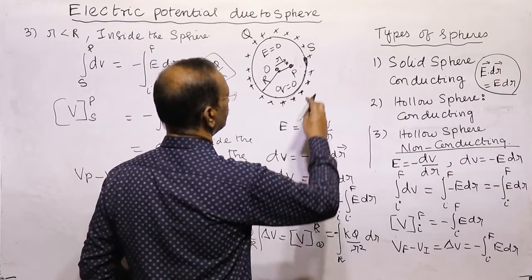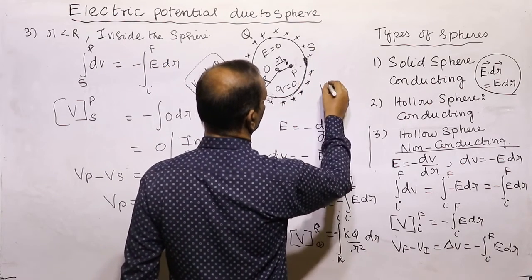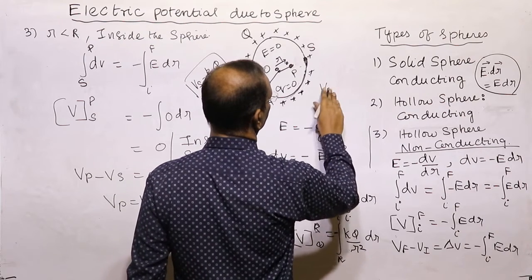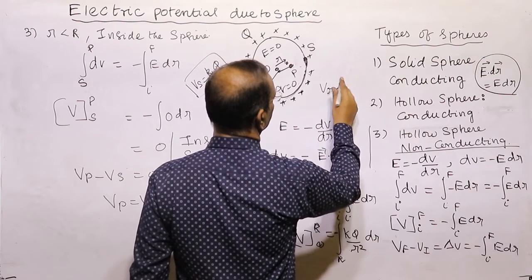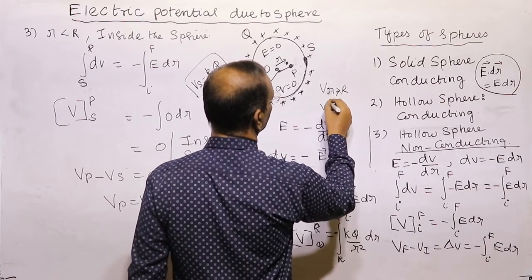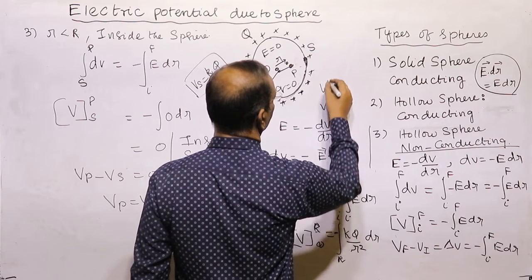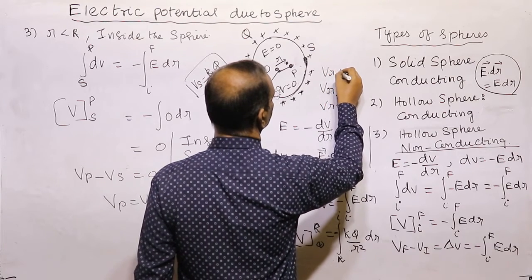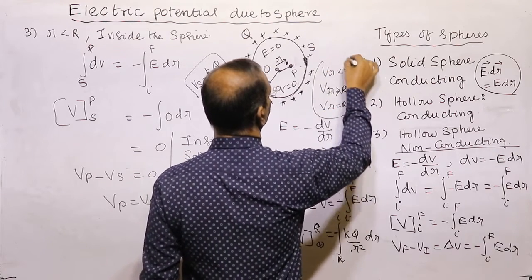So we can say potential at a point where r is greater than R, at r equal to R, and at a point where r is less than R, we have seen all the three.